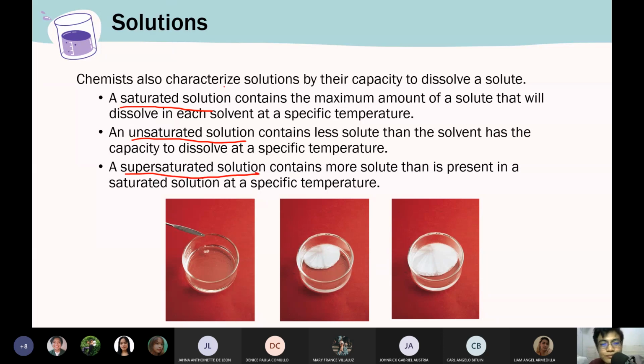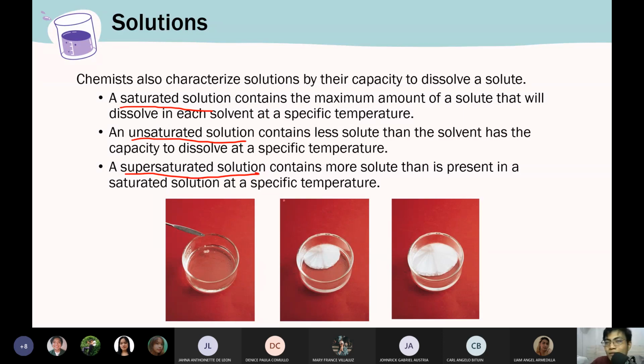Okay? Now, let me just give you the definition, and then later on, we'll use some relevant examples, okay, as our illustration. So, basically kasi, depending on the amount of your solute, no, your solvent may or may not dissolve them. Okay? Have you tried adding too much salt in water?